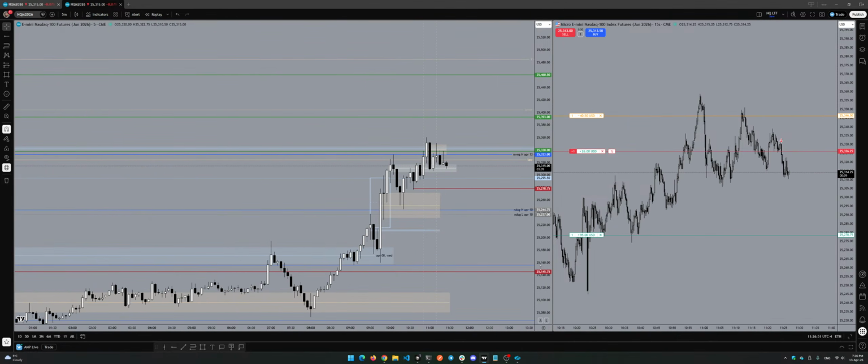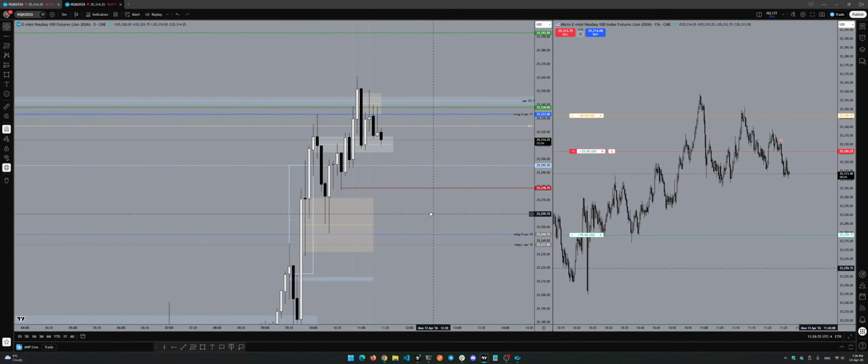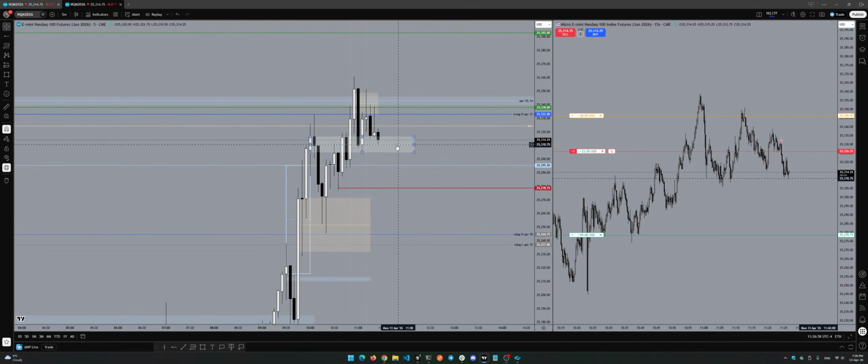And the 5-minute. Looking for a close below this one. Comparing ES and NQ real quick. Yeah, they look similar, almost the same structure.